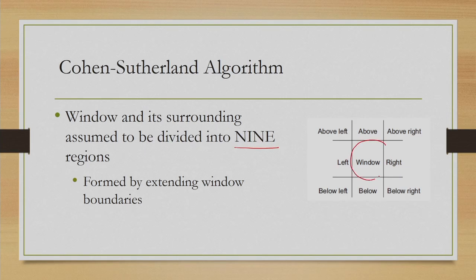This is the window, the central part, and then we have above left, above right with respect to the window, left, right, and below left, below and below right with respect to the window position again. These 9 regions are assumed to represent the view plane, and how do we get the 9 regions? By extending the window boundaries as shown here. So, this is the first assumption.